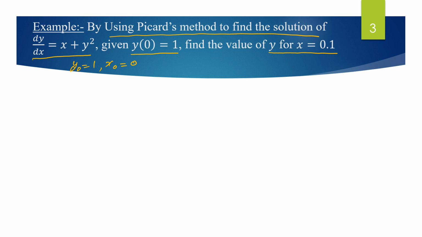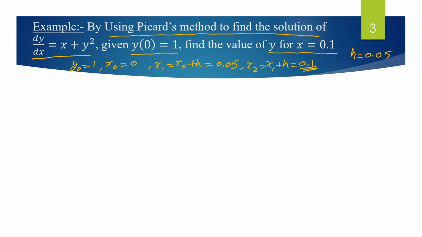If we take h as 0.05, then x1 = x0 + h will be 0.05, and similarly x2 = x1 + h, that means 0.05 + 0.05 = 0.1.